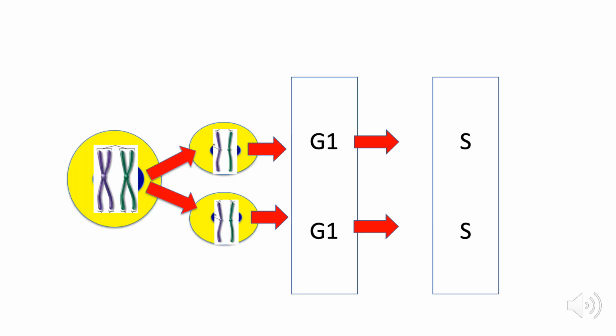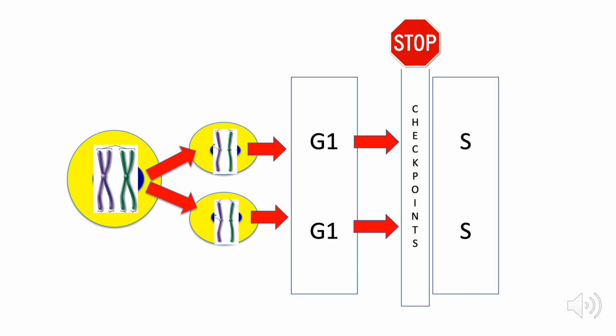What I want you to learn from this particular slide is that cells do not simply jump from G1 to S, because the cells must go through what we call checkpoints in the cell cycle. Meaning, it's not easy for the cell to just say, okay, I'm ready to duplicate my DNA, therefore I will go to S phase.